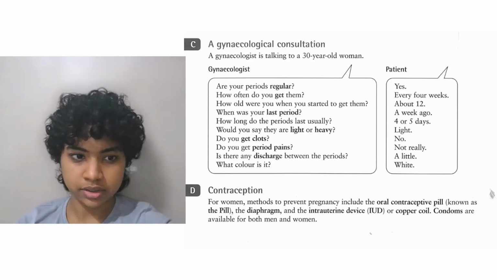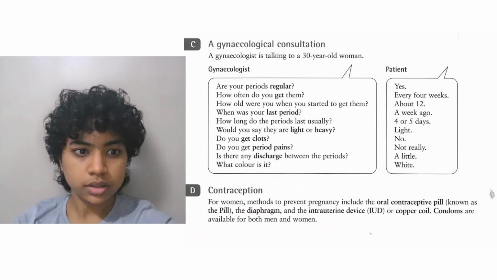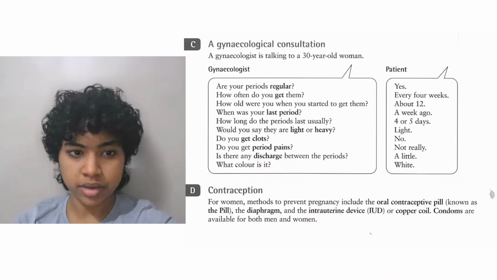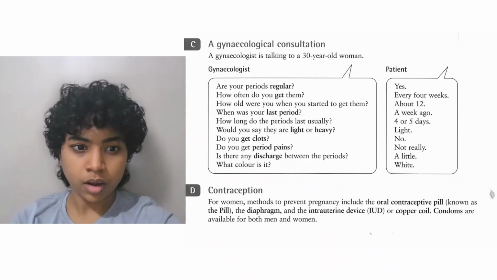Contraception. For women, methods to prevent pregnancy include the oral contraceptive pill, known as the pill, the diaphragm, and the intrauterine device, IUD, or copper coil.